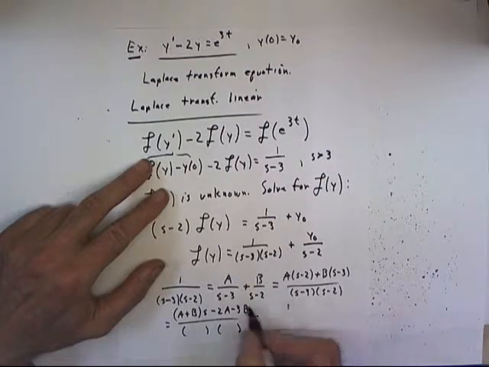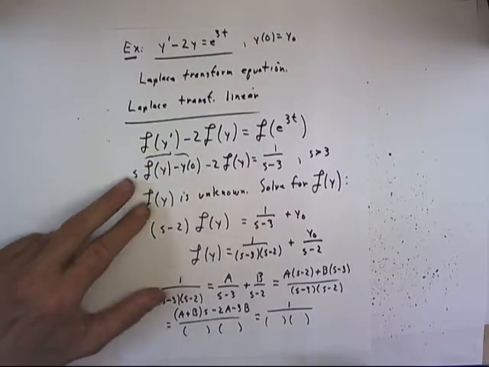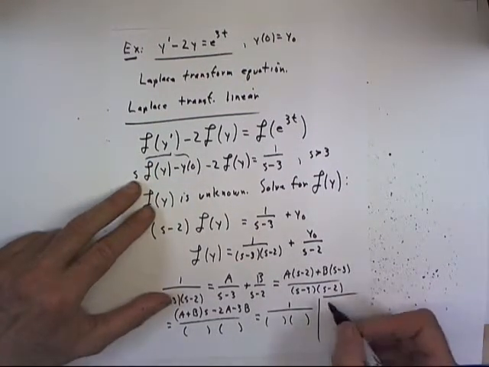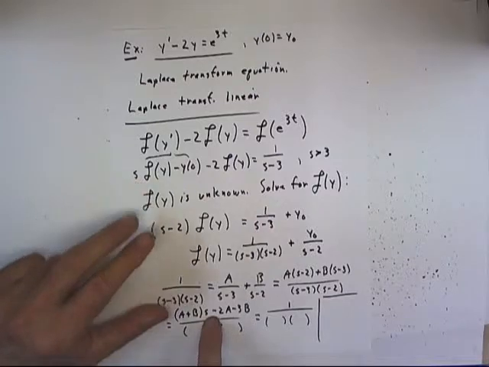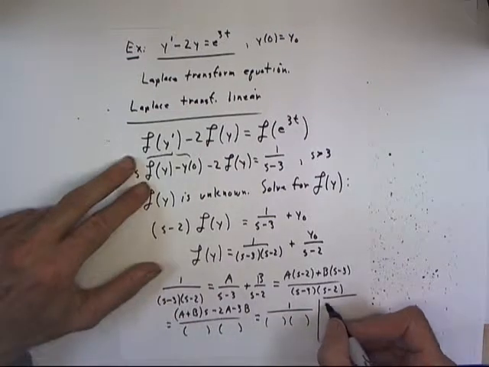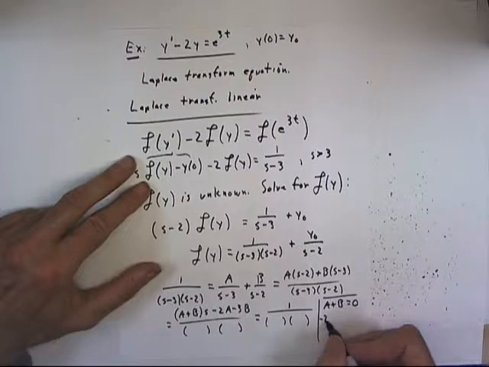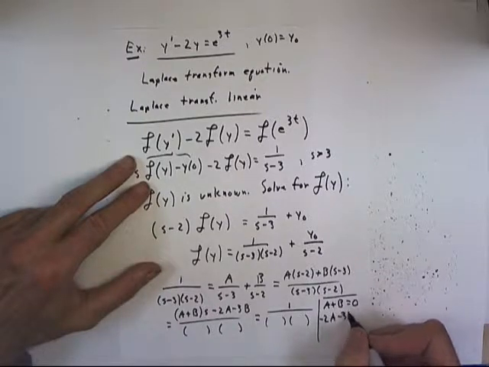But that should then equal our original 1 over s minus 2 times s minus 3, leading us to the system of equations. A plus b times s has to be 0 because there's no s term on this side. So a plus b equals 0. Negative 2a minus 3b equals 0.